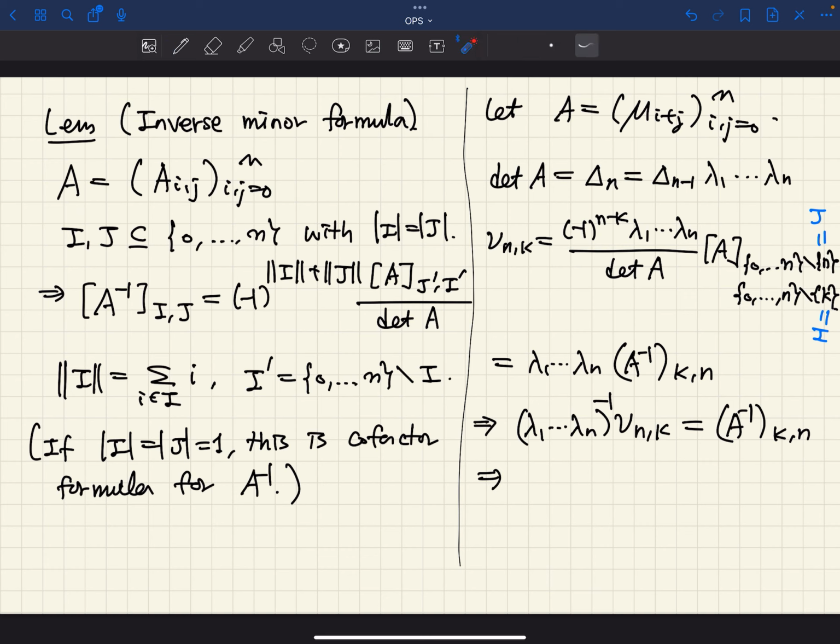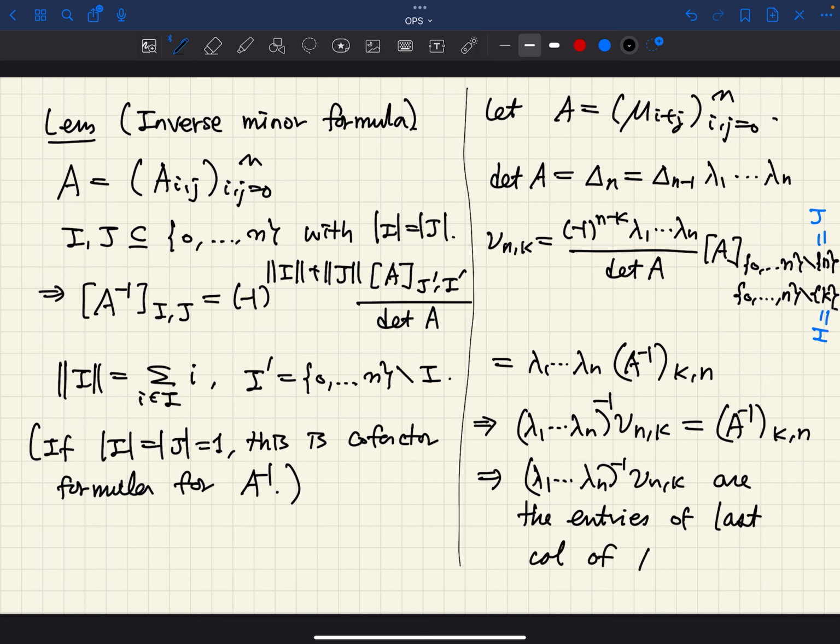If you consider these as the entries, where n is the column index, then these are the entries in the last column of A inverse. So you can write down the last row of the matrix inverse of the Hankel matrix.